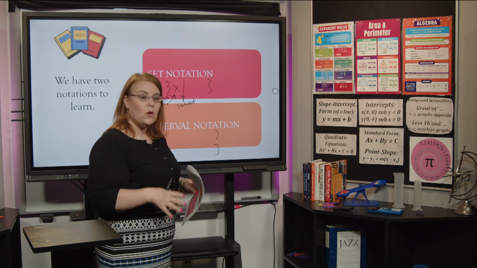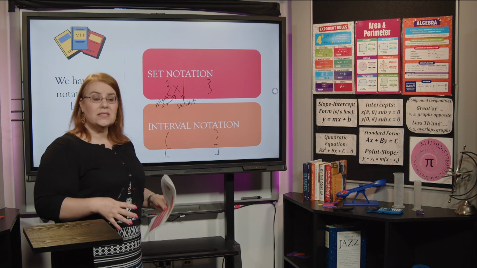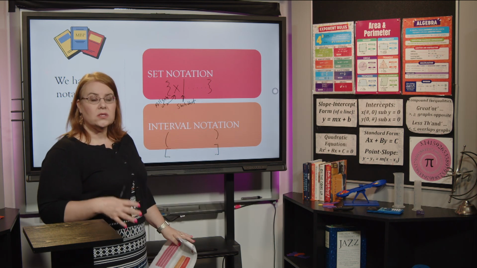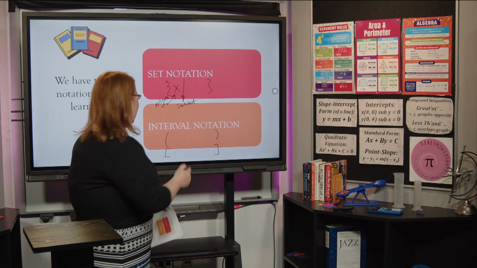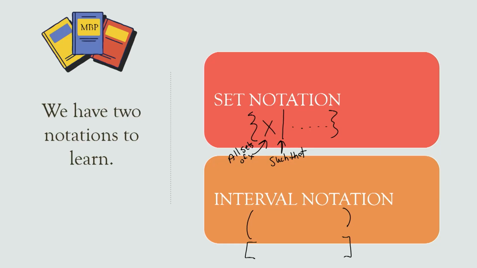Depending on my inequality symbols depends on what I use. So what were they? If I have an open circle, we have parentheses. If I have a closed circle, we have our brackets.